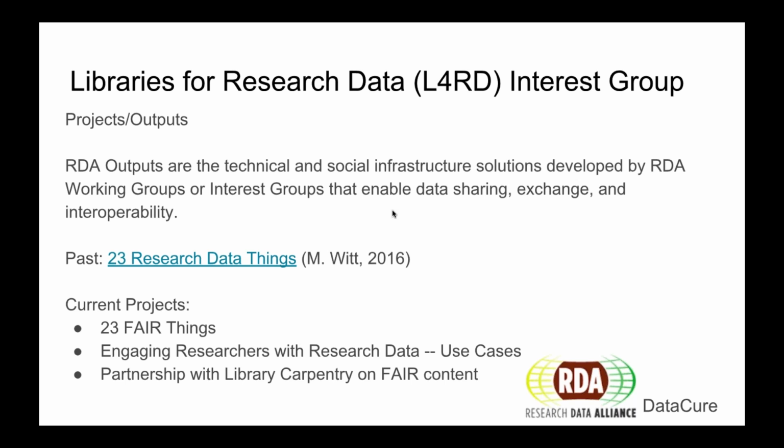You can Google it. It's all over the internet. It's basically 23 things that we think are important to know about managing research data in libraries. So 23 research data things is an acknowledged output of RDA. I believe it's a supporting output.